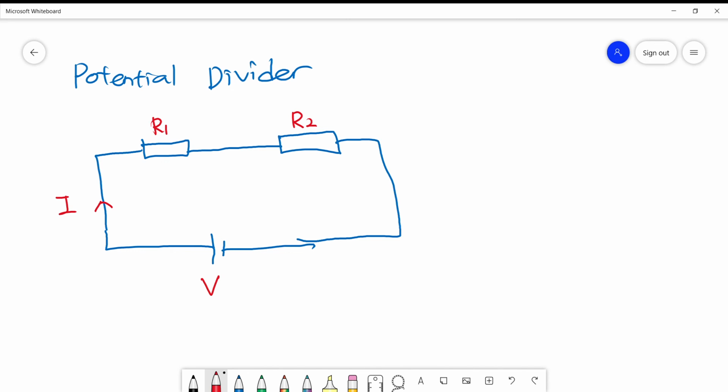Alright, so to be honest, the potential divider is actually used to find the potential difference across each resistor. So as I said, the potential divider is used to find out the individual potential difference across both resistors.